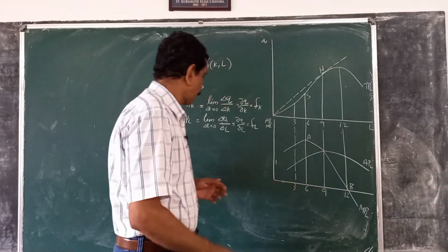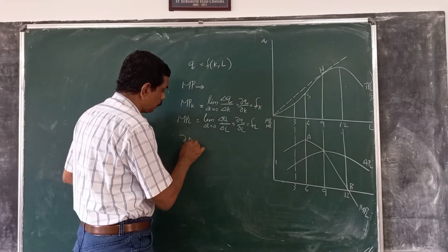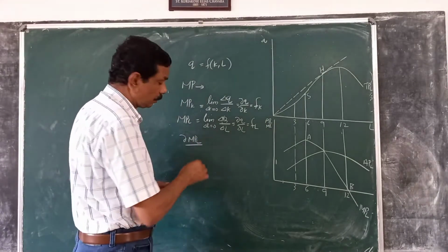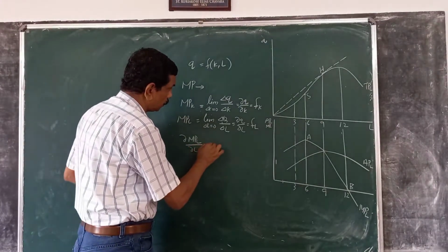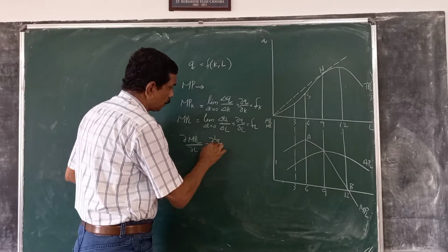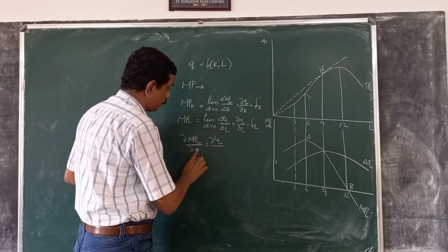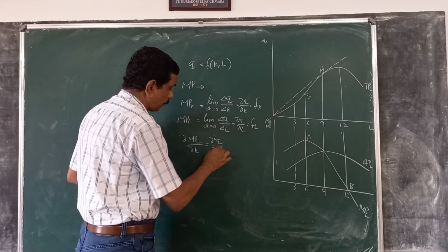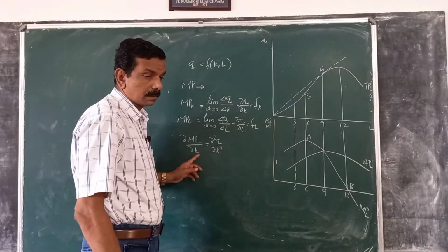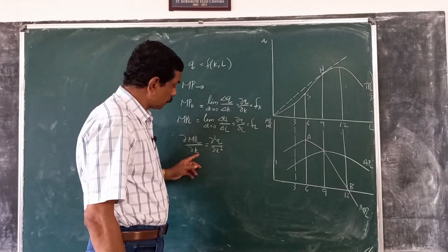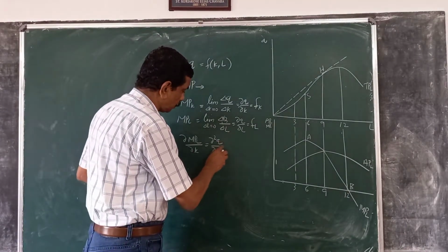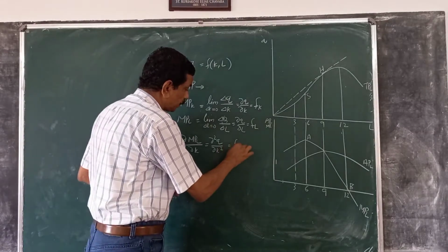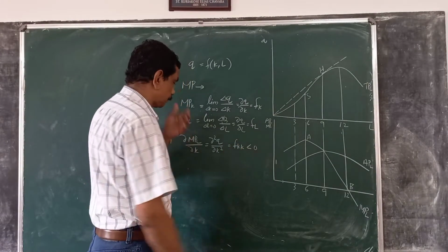That is, dou MPK by dou K is equal to dou square Q by dou K square, which is equal to FKK less than 0.